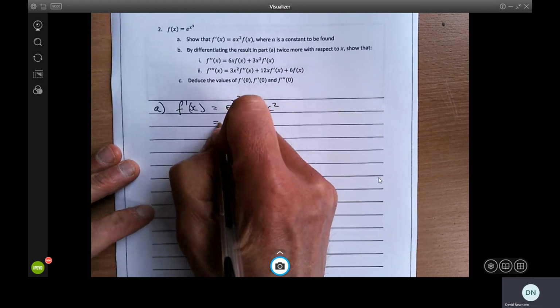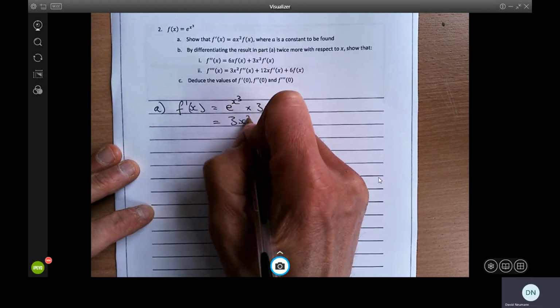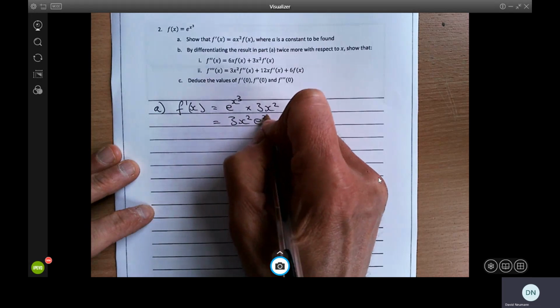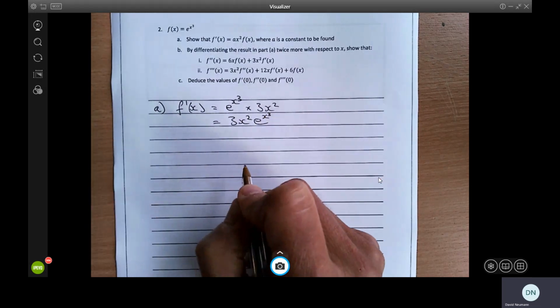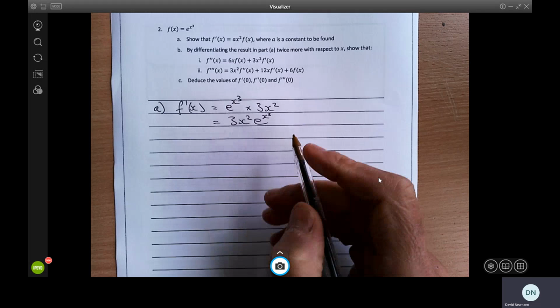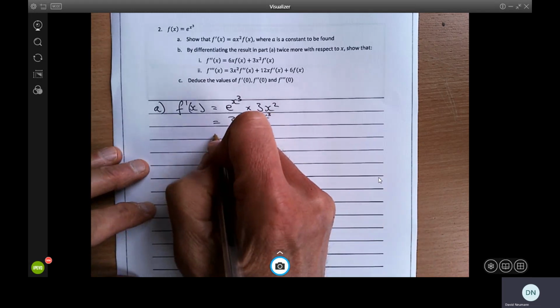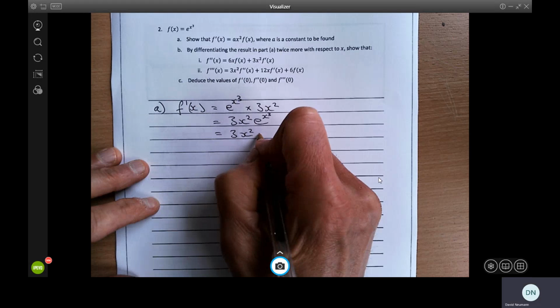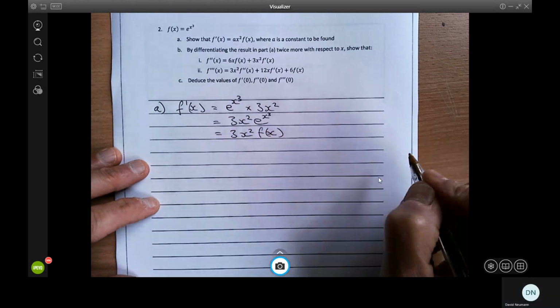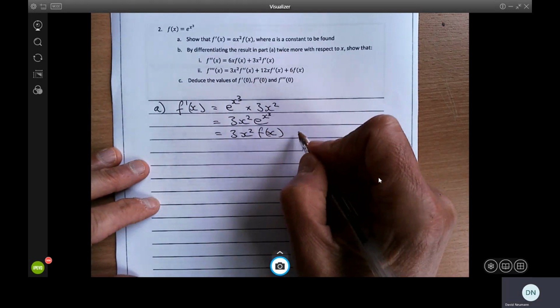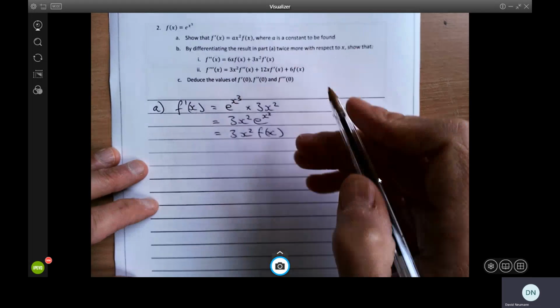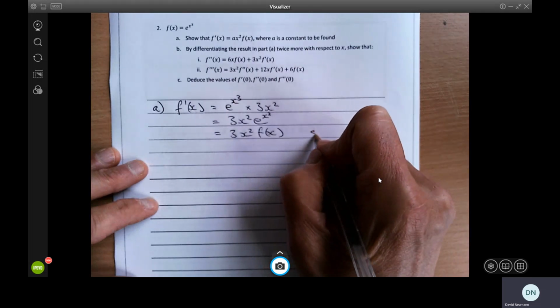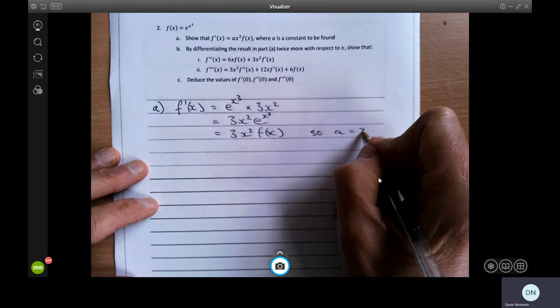So this is equal to 3x squared e to the x cubed. In other words, that is 3x squared times f of x. So the constant a they've given us here is 3. So a equals 3.